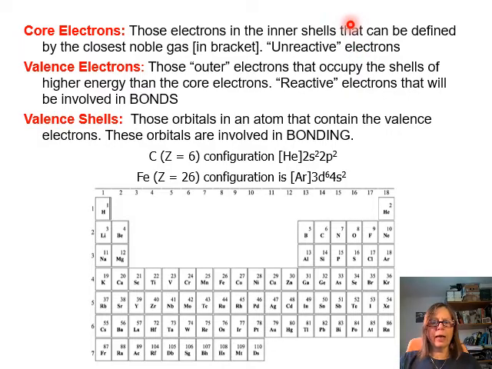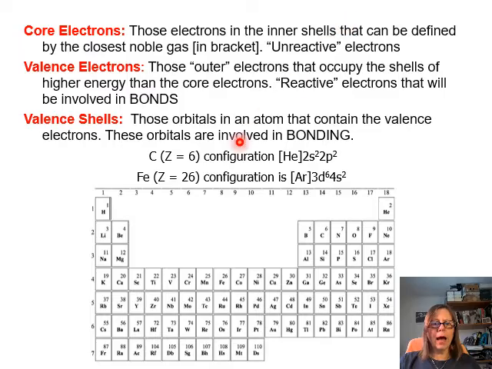Taking carbon as an example, its configuration is helium in brackets, the core electrons, 2s2, 2p2. It has 4 valence electrons.